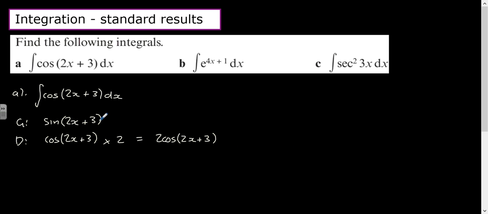So, you know, I think it was a pretty decent guess, but actually we didn't get what we wanted. We should have got cos 2x plus 3, and we got 2 cos 2x plus 3. So what we do thirdly is we adjust the guess. So we go back to our original guess and we say, well, when we differentiated it, that gave us a result that was 2 times too big. So that means we go back to our original guess and we divide it by 2.